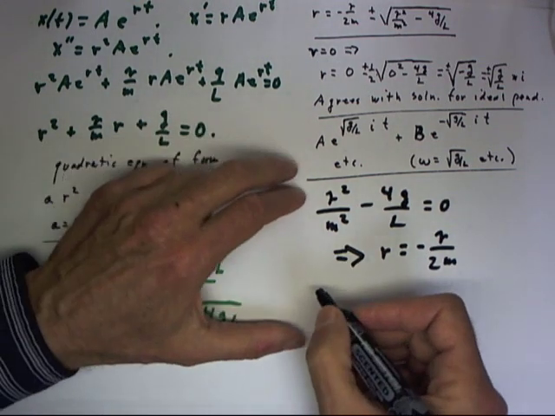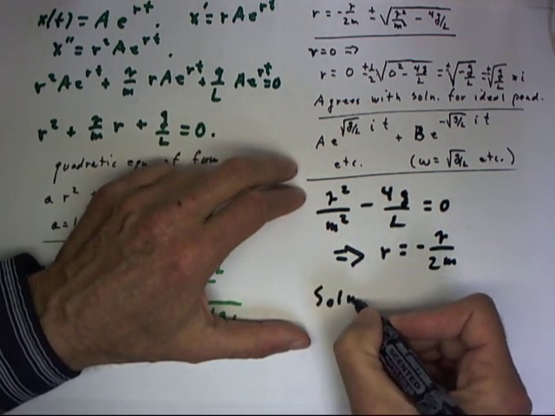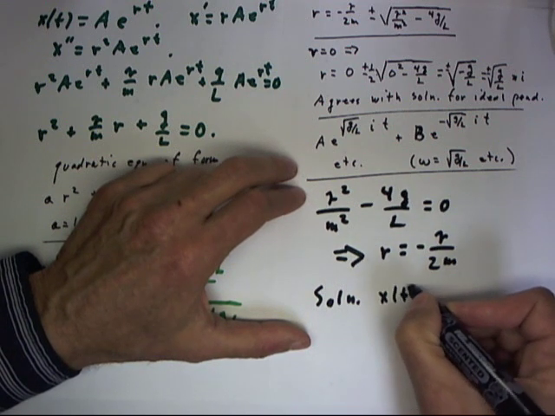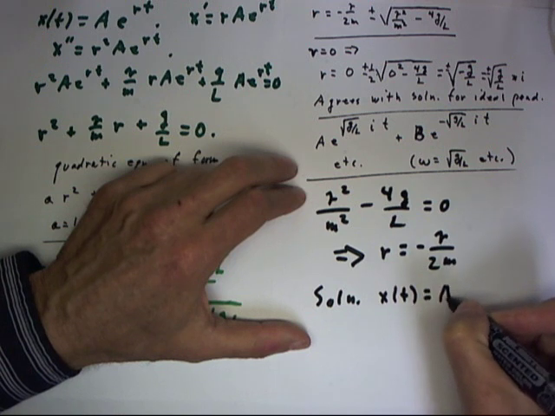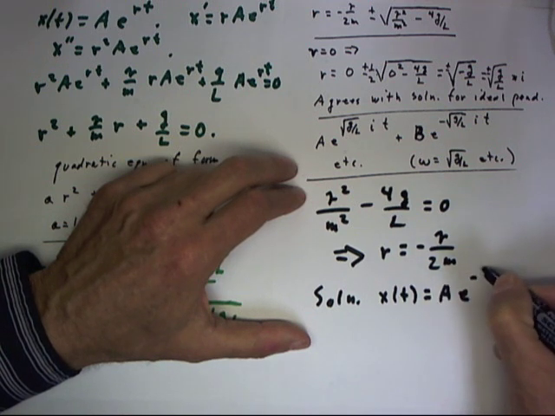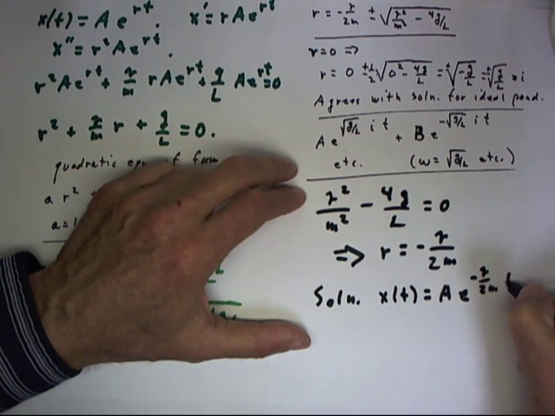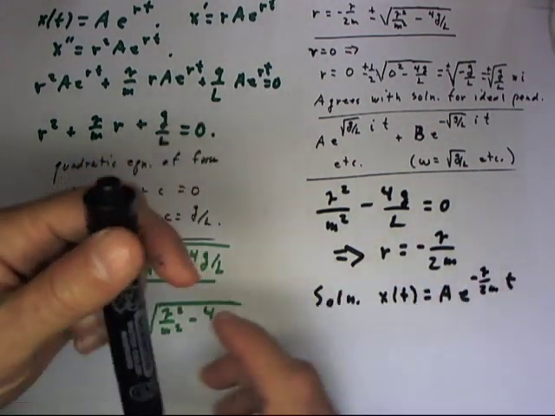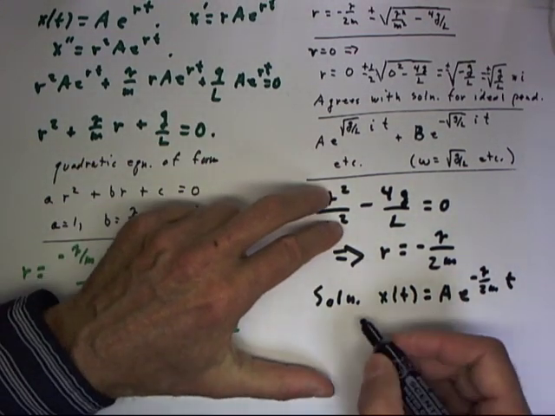Our solution is going to be x of t equals a e to the minus gamma over 2m times t. This solution is simply a decaying exponential.